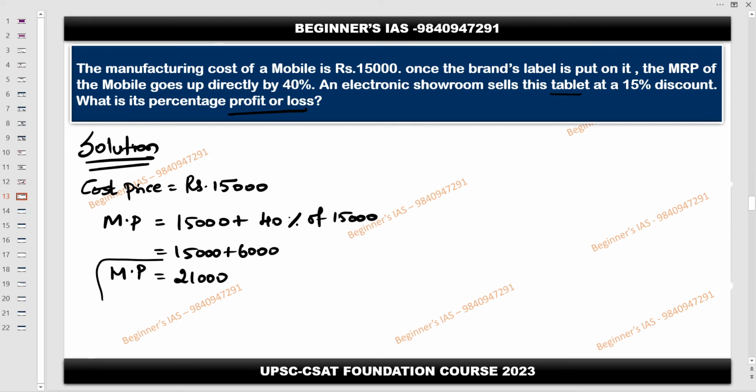So you have calculated the MP. Now in order to calculate the selling price, what do we have to do? Marked price minus discount, isn't it? Selling price is equal to marked price minus discount.